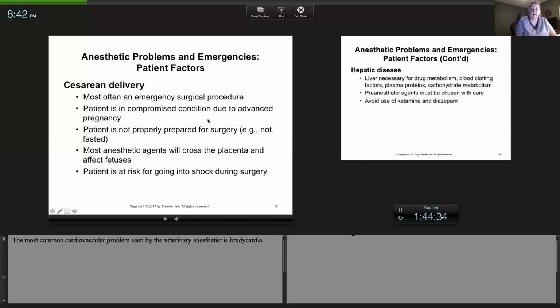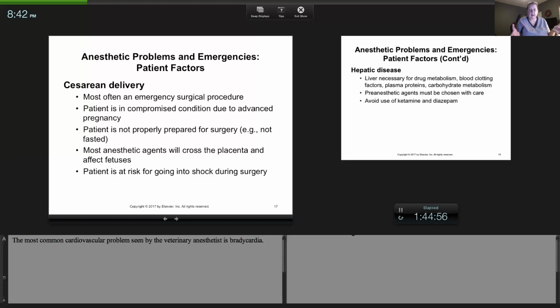A lot of times when they come in for emergency surgeries, they have not usually fasted for the day. It could be an emergency splenectomy, emergency C-section, emergency foreign body, and we cannot wait for them to be fasted to go to surgery. So regurgitation and vomiting is always going to be a concern. Also, the uterus is pushing on the stomach.